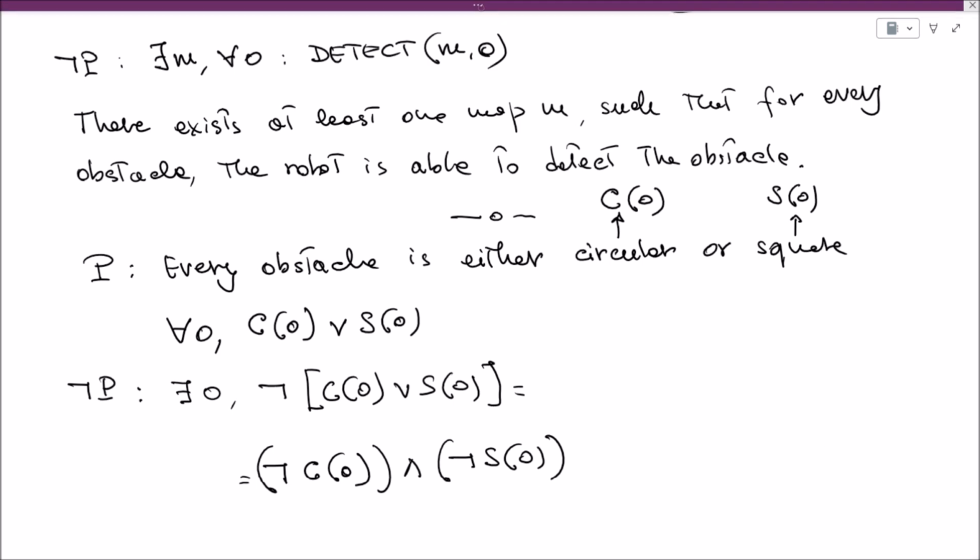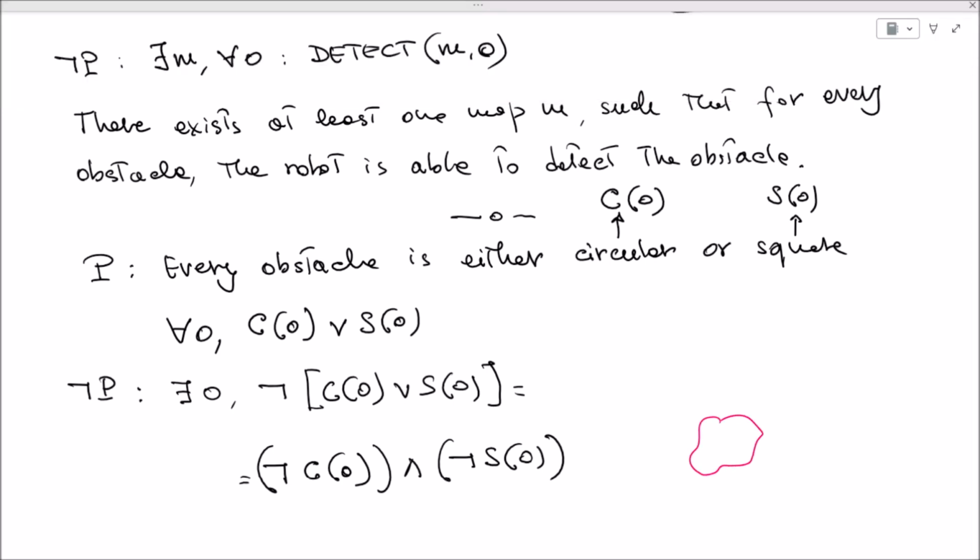In fact, we know that an obstacle like this is not even a square, not a circular object.